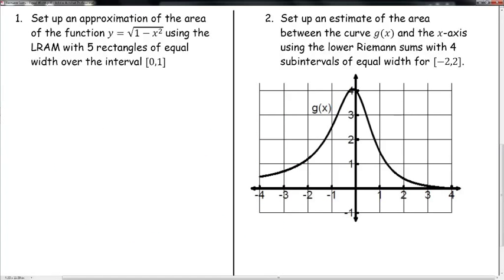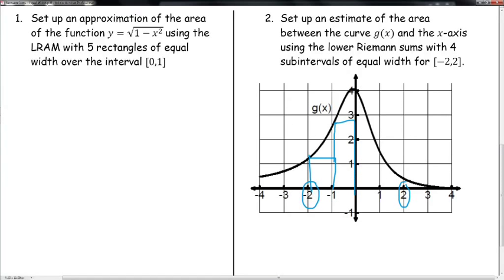Number 2: set up an estimate of the area between the curve g of x and the x-axis using the lower Riemann sum with 4 subintervals from -2 to 2. I'm starting at -2 and going to +2, creating rectangles as an estimate of the area underneath this curve. They want the lower Riemann sum, which means inscribed rectangles, rectangles below the curve.